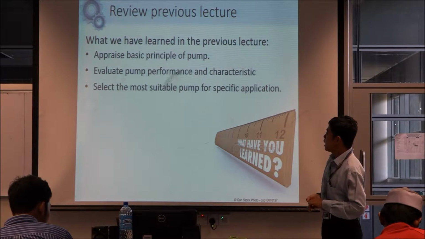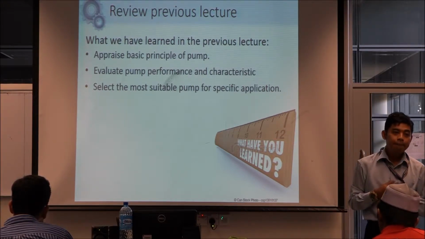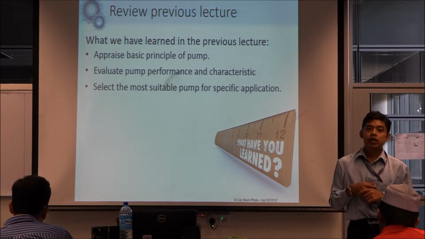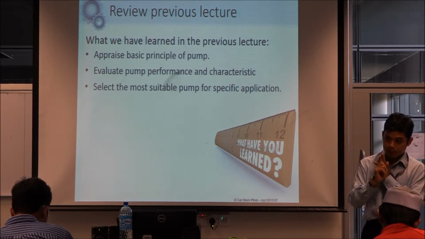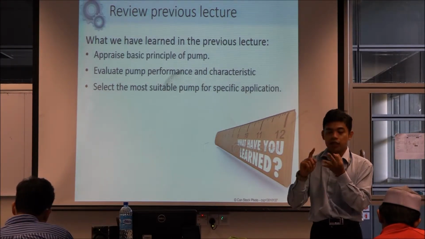Okay? Select the most suitable pump for a specific application. This one uses the NSP, pump specific speed or number. That one you have three different NSP. One without unit, the internationally accepted one.